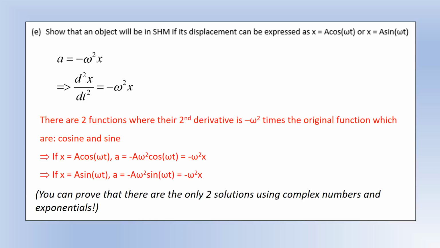We end up with exactly the same thing. If you'd like to see more conclusive proof of this, you will need to have knowledge of exponentials and complex numbers, but do have a look at that on the internet, because it's quite interesting to see that actually proved, that there are only two functions, these two.